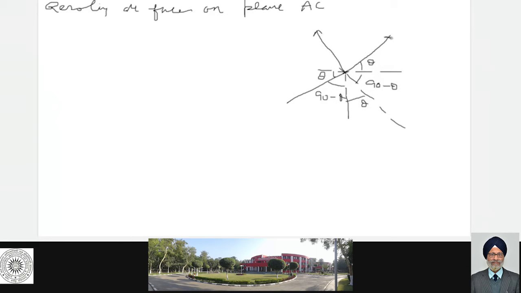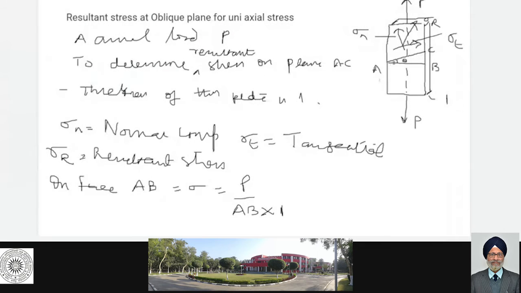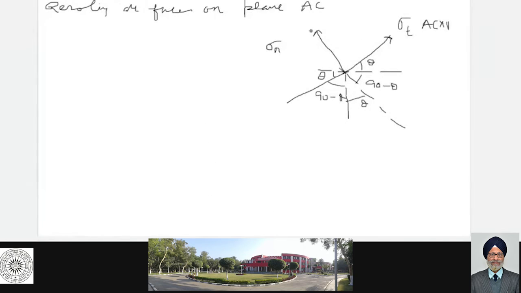Along this, it will be sigma t, which is a tangential component, into AC into 1. So AC into 1 will be 1. Okay, so I will not be writing 1 now. So it will be sigma t into AC. And in this direction, it will be how much? It will be sigma n into AC, which plane is it? AC. Okay, sigma n into AC into 1, right?